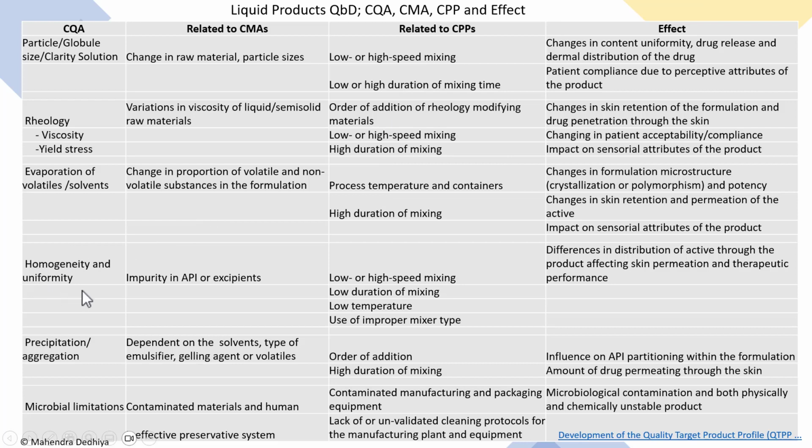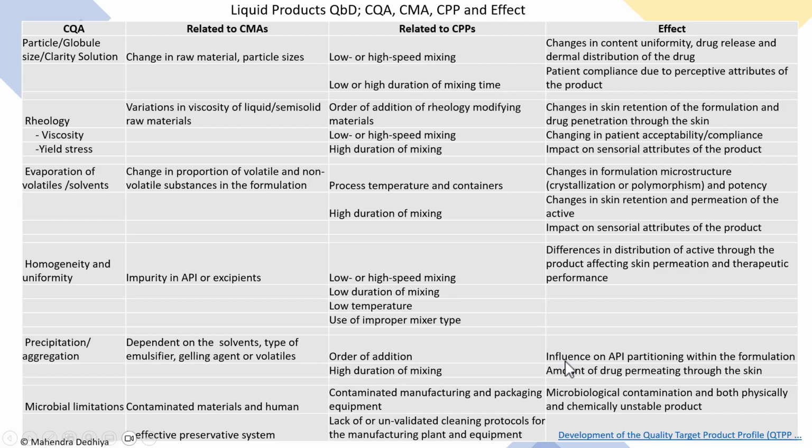How homogeneous the product is depends on the ingredients and their properties, and also on processing. If the materials are not homogeneous, it will affect skin penetration and therapy. Precipitation and aggregation depend on solvent type, co-solvent, and type of emulsifier. It depends on manufacturing conditions.